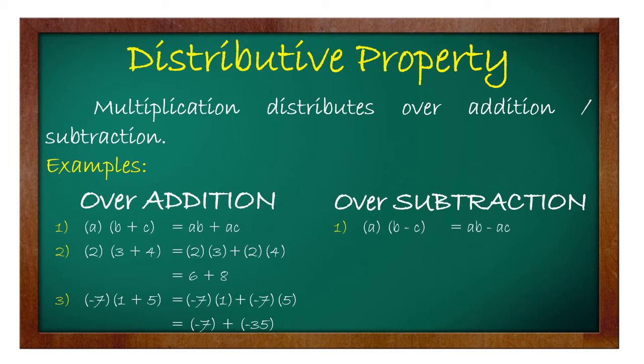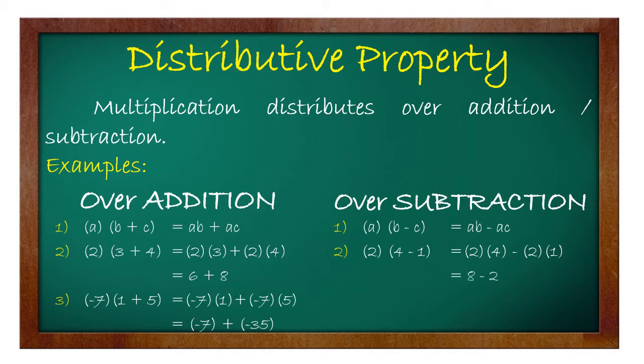I repeat, AB stands for A times B, AC stands for A times C. Example, 2 times the quantity 4 minus 1. So, i-distribute natin si 2 kay 4, tsaka si 2 kay 1. So, that is 2 times 4 minus 2 times 1. Since ang operation natin sa ating grouping ay subtraction.